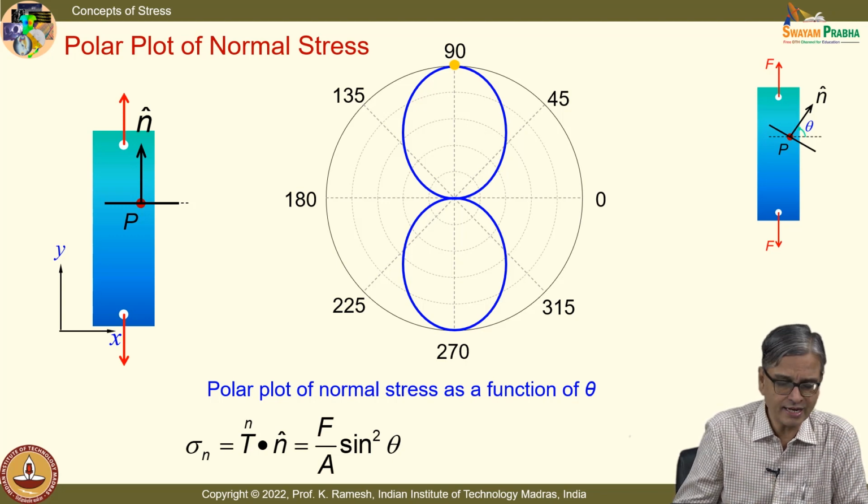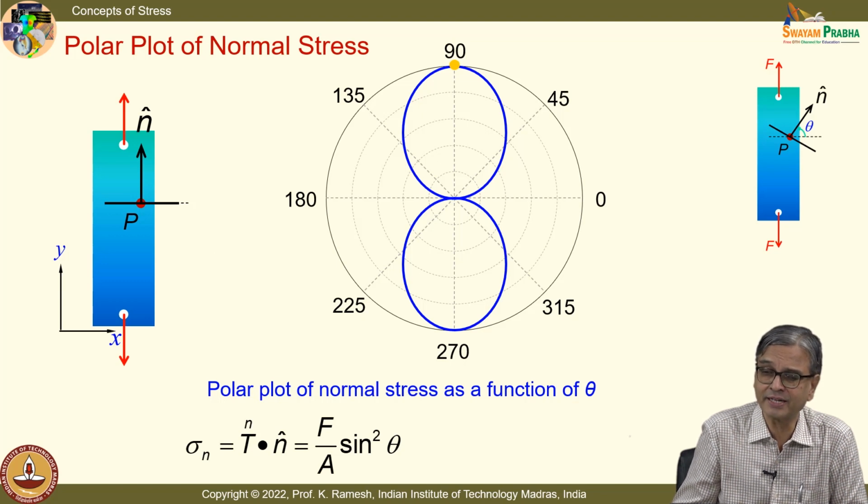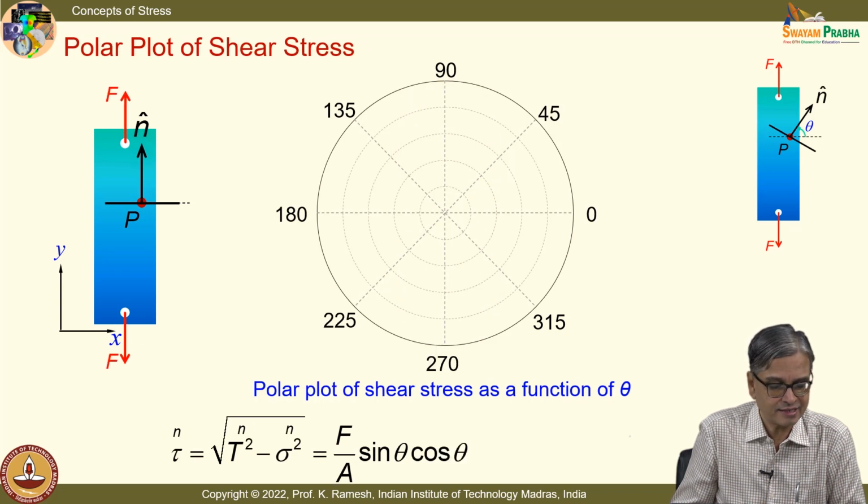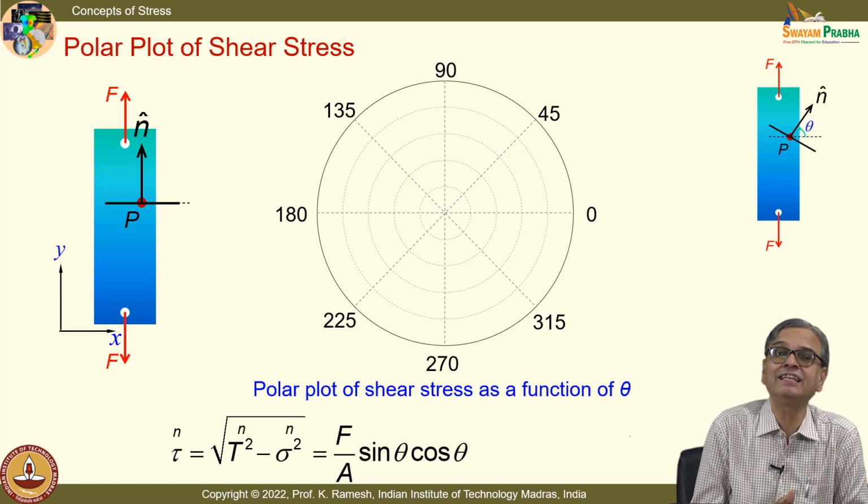So, if you do that, I get an expression which is very simple. I think by the time I show the slide, you should have your expressions. These are very simple trigonometric simplifications. I get that as f by a sin theta into cos theta.